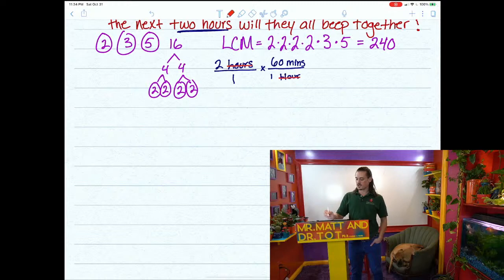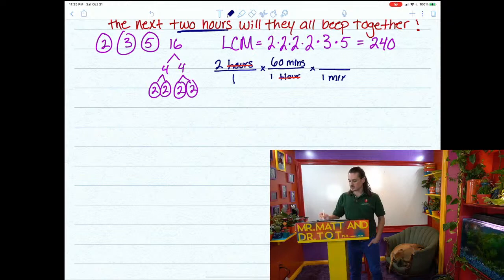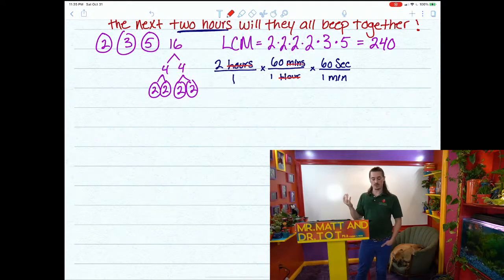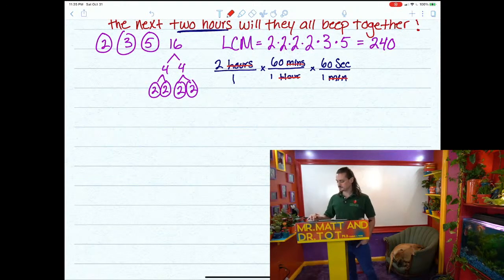Now when I multiply through, minutes will cancel with minutes, and I'll have an answer in terms of seconds. So multiplying completely, I'm going to have 2 times 60 times 60 seconds divided by 1 times 1 times 1, which of course we know is just 1, which has no effect.